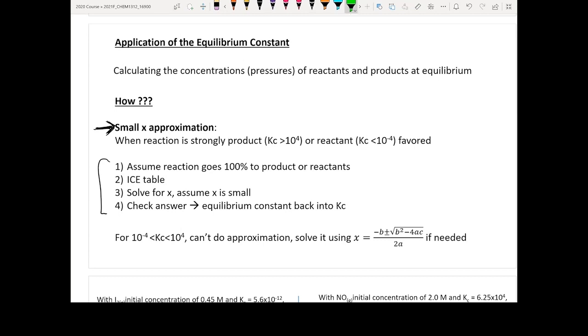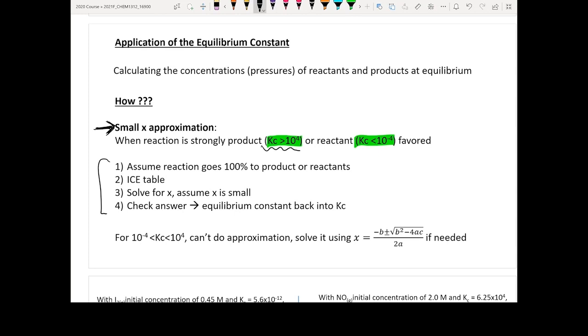And the requirements are that you have either a very big Kc or a very small Kc. If you have a Kc larger than 10 to the fourth, or a Kc smaller than 10 to the negative 4, then you can use the small x approximation. But the way you use it will be slightly different.